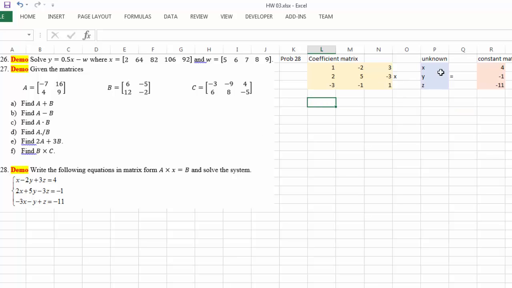Now, to solve for our unknown matrix, we need to first find the inverse of the coefficient matrix. And we know that inverse matrix and the original matrix, they are both square matrices, and they must have the same dimension. Therefore, the inverse matrix must be also 3 by 3.